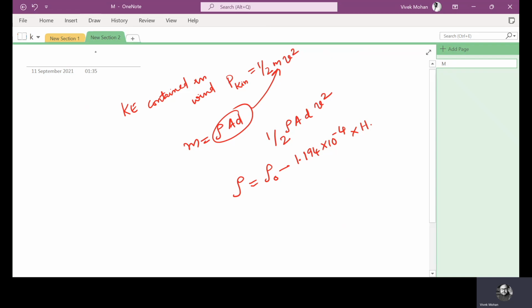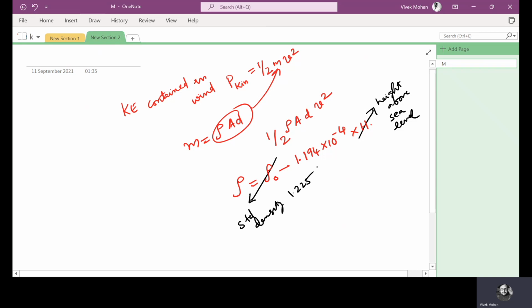So the height of the place in which we install the wind turbine above sea level, and rho naught is the standard density, 1.225. But the actual air density will vary according to the height of the installation site. How it varies depends on this equation.